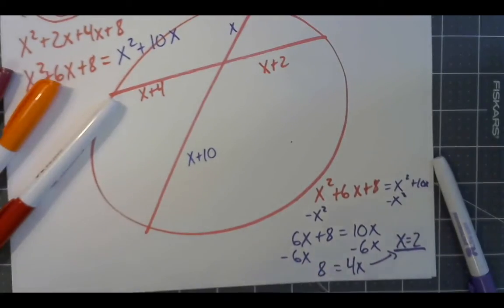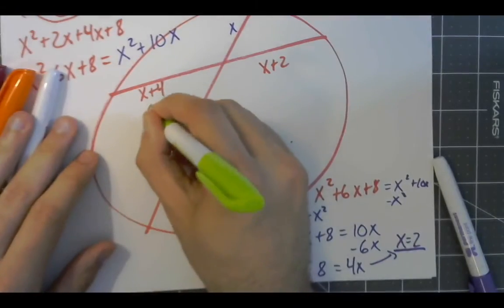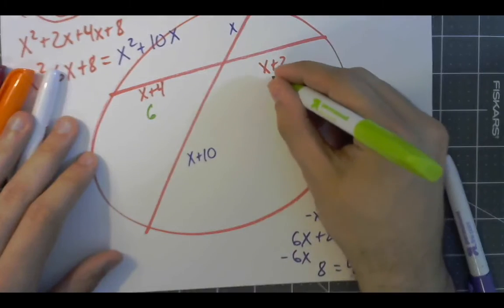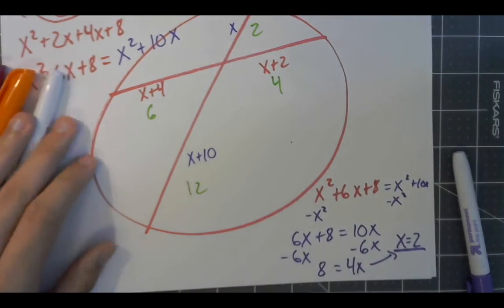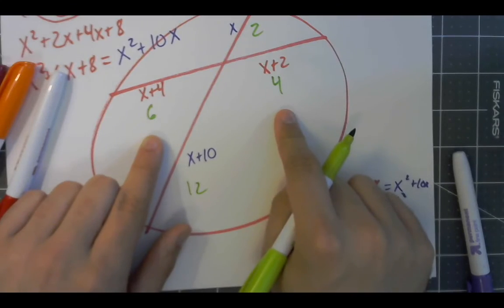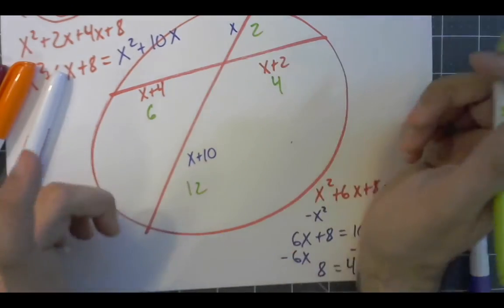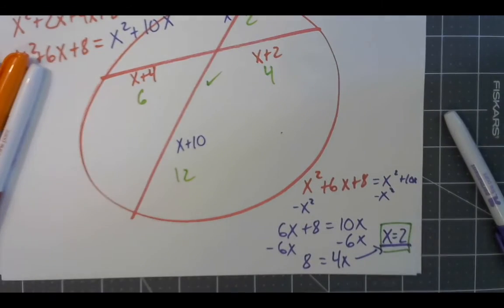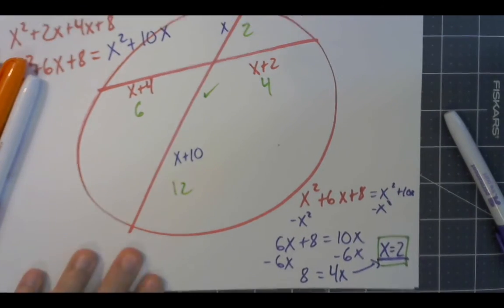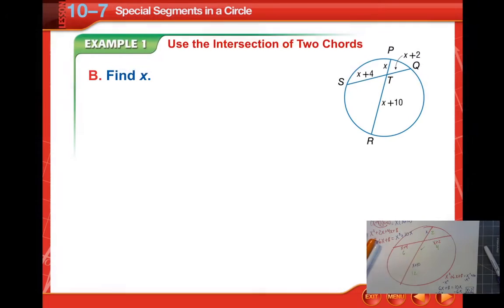I can check this on paper. I could say, all right, this is 6, 2 and 4, and 4. Okay, and I have 2 and 12. All right, 6 times 4 gets me 24. 2 times 12, 24. Great, I know this is right, because we've checked it ourselves, we plugged it back in to see what it was.